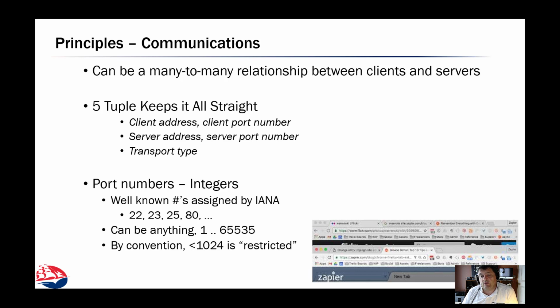When we're talking about the internet protocols, we use a combination of 5 identifiers, or what we call a 5-tuple if you're so inclined from discrete math. This tuple includes the client address, the server address, that kind of makes sense. But then we're also going to have 2 other integers that represent the client port number and the server port number, as well as the transport type.